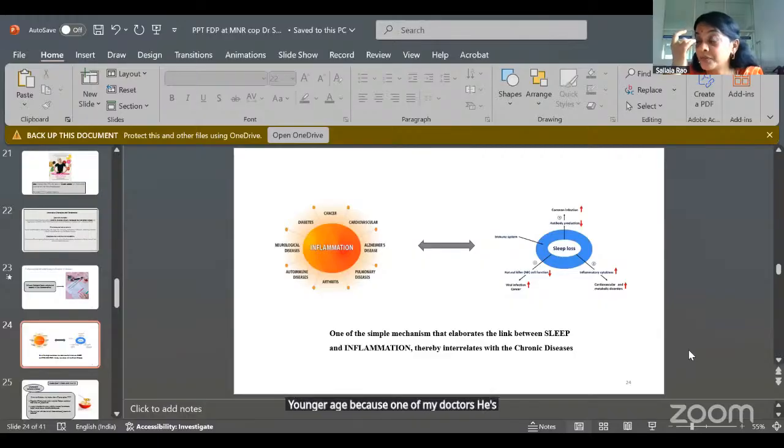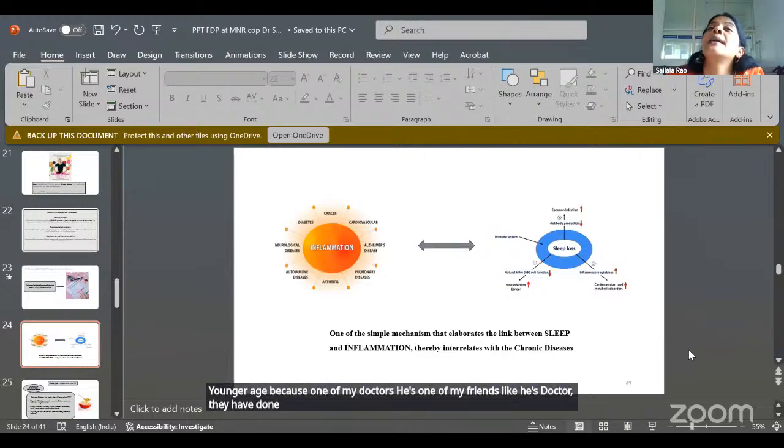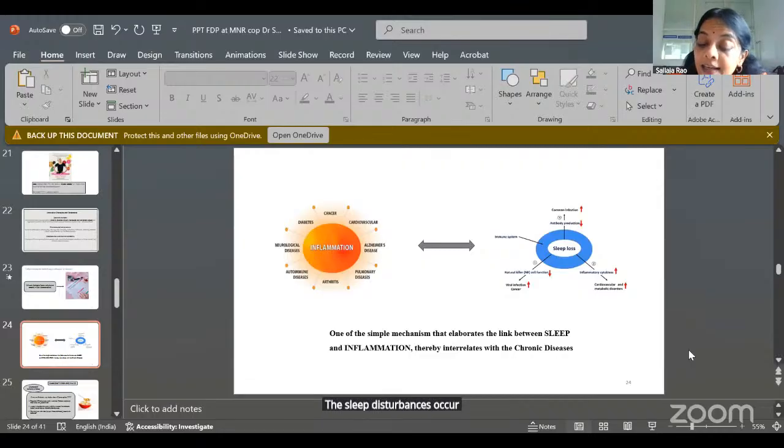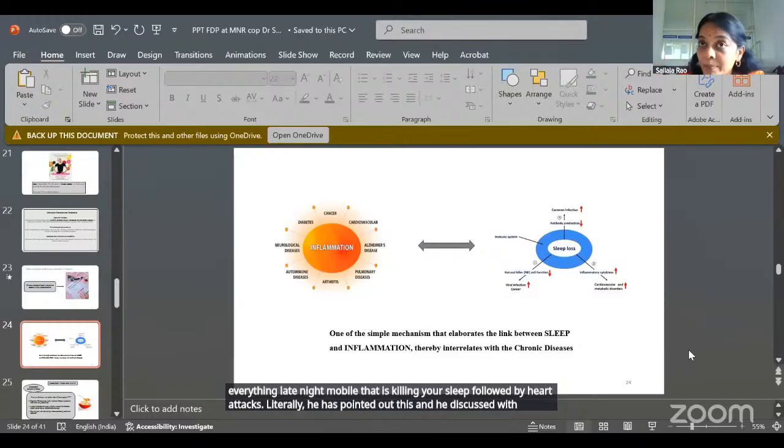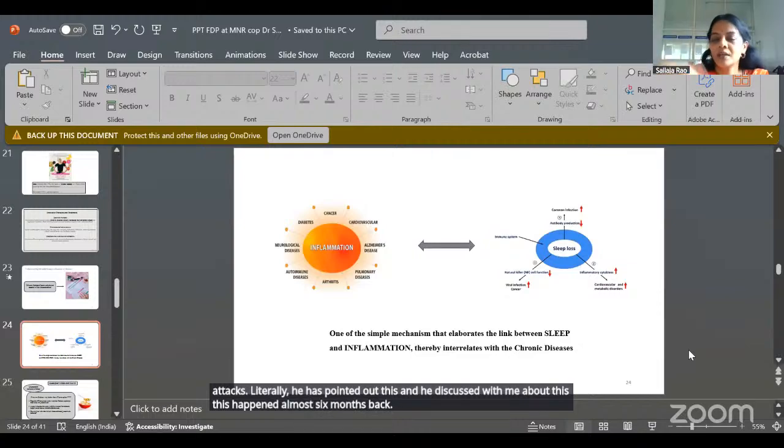One of my friends, who is a doctor, and his colleagues have done some study and noticed that the use of mobiles causes sleep disturbances. Chatting, browsing, everything late at night on the mobile is killing your sleep, followed by heart attacks. Literally, he pointed this out and discussed it with me about 6 months back. Next slide.